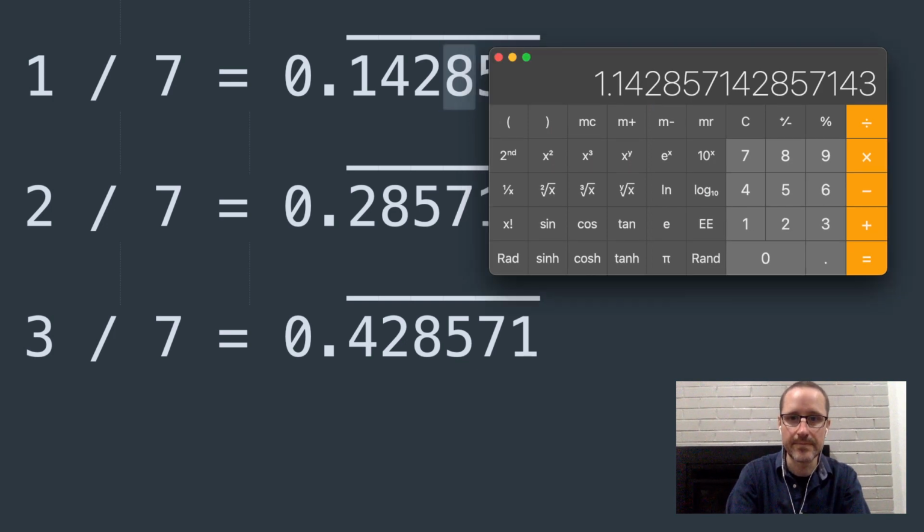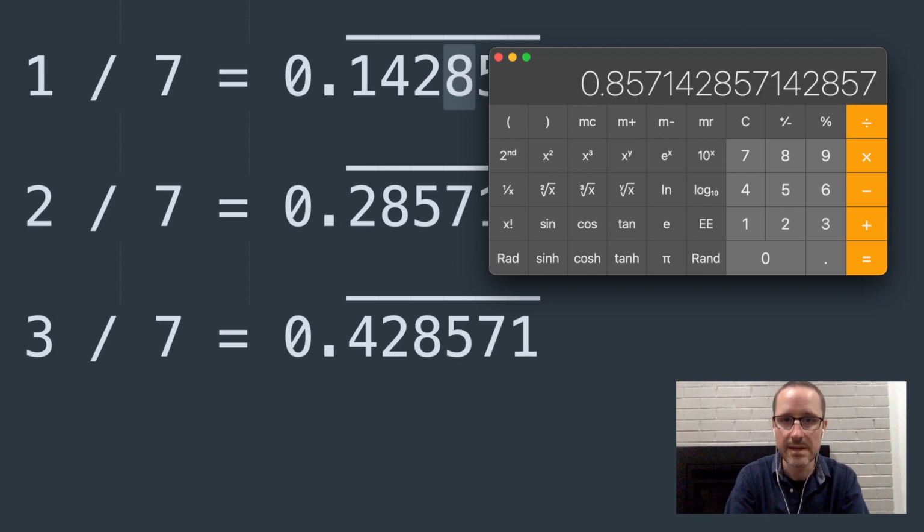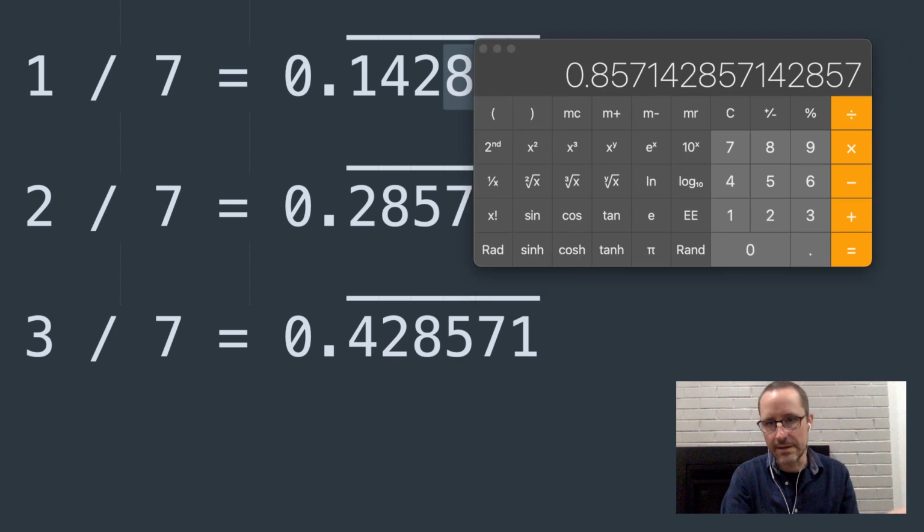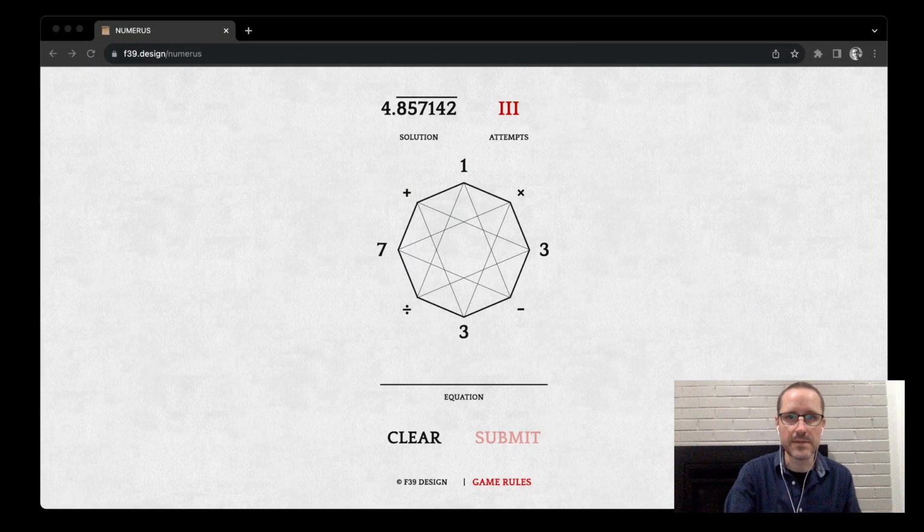So we could say 6 divided by 7 is, there you have it, 857,142. So what does this tell us about this game Numerus, this particular game? Well, you'll notice that I ended on that 857,142. So this would be 6 divided by 7.